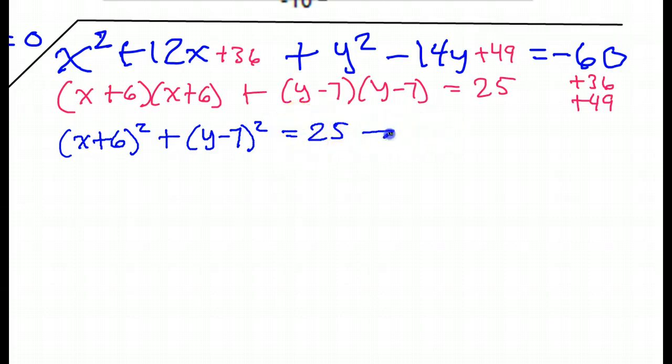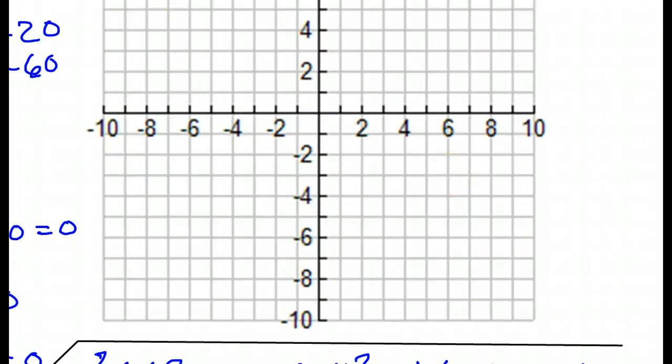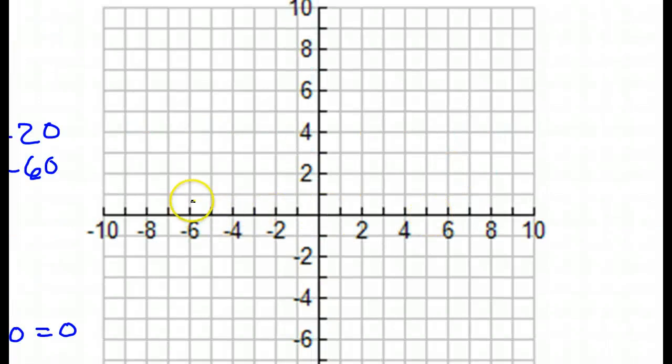Alright, which of course means that we have a center of negative 6 comma 7. It's the opposite of this and the opposite of that. And then we have a radius of 5. So let's graph that. So negative 6 comma 7. Okay, so here's negative 6 and here is 7. So there's the center. Now a radius of 5, so 1, 2, 3, 4, 5.